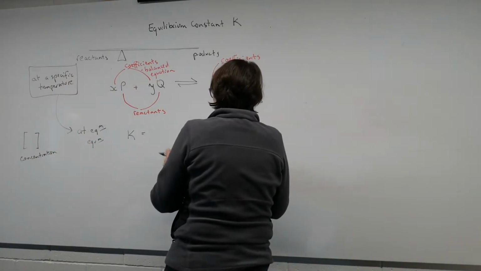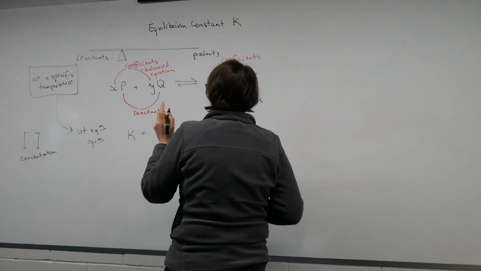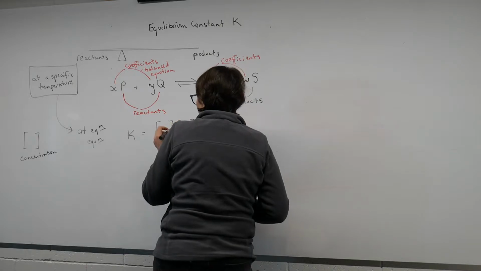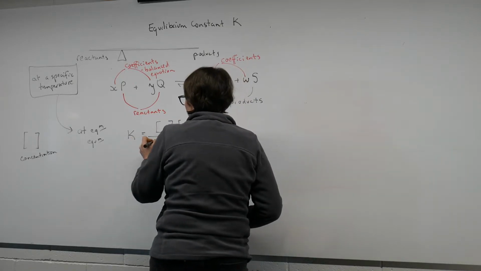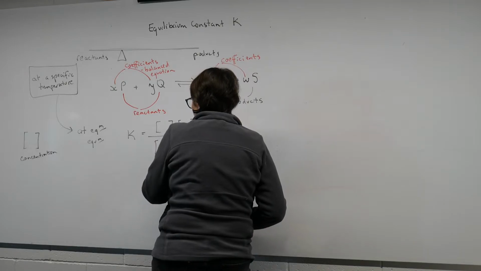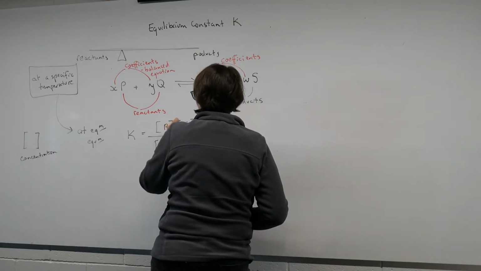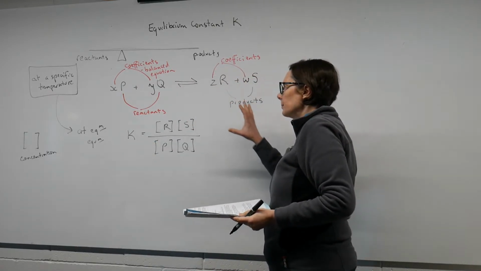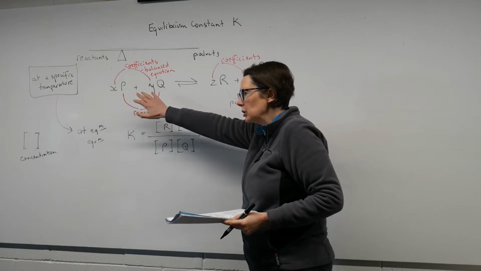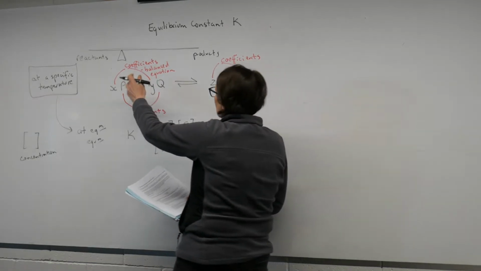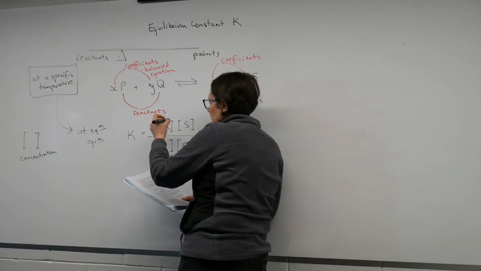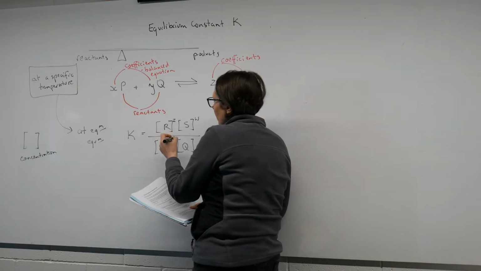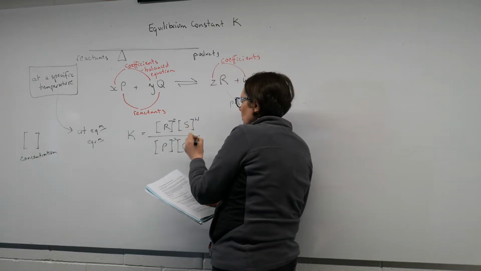So the concentrations of our products, multiplied, divided by the concentrations of our reactants. So we have R and S, and P and Q, to the power of the coefficients. Here we've got R to the power of Z, and S to the power of W, P to the power of X, and Q to the power of Y.